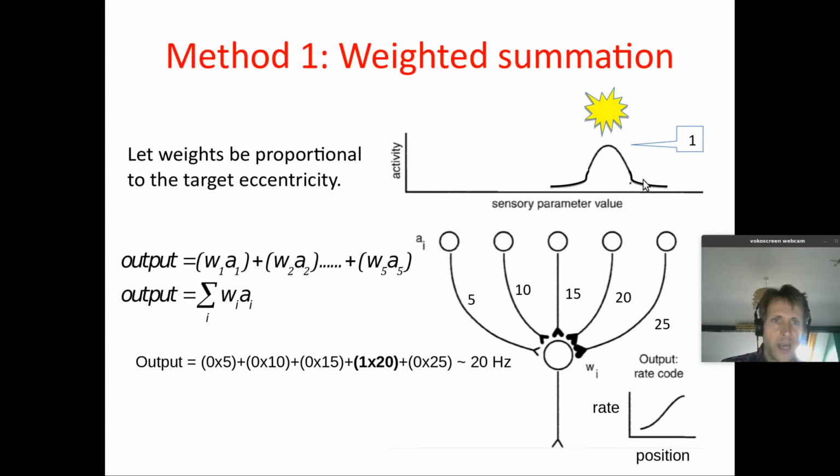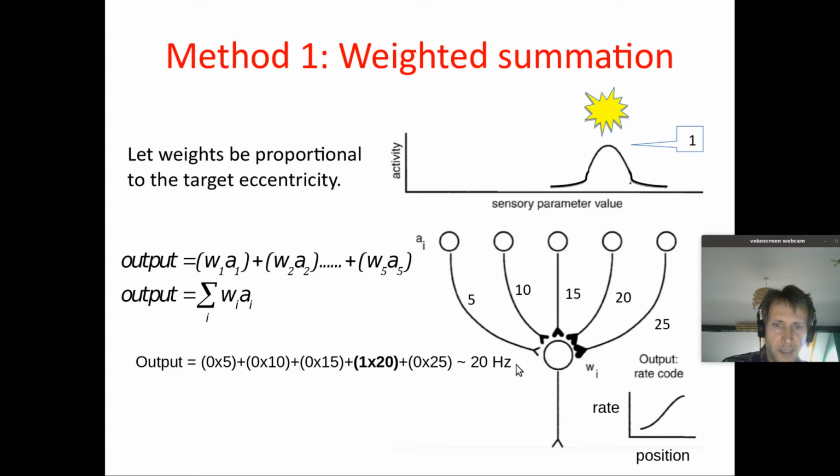So we can do the sum for our 20 degree stimulus here, and we'll just assume that is a stimulus of value 1. Okay, and then the rate of the output neuron is going to be 0 times the first, 0 times the second, 0 times the third weight, 1 times the fourth weight, which is 20, plus 0 times the fifth weight.